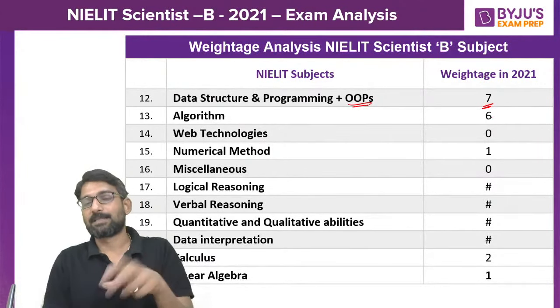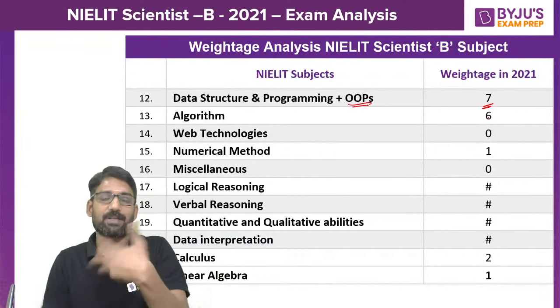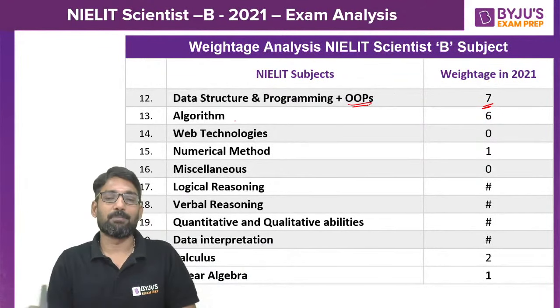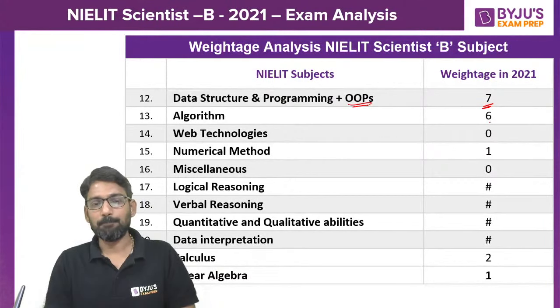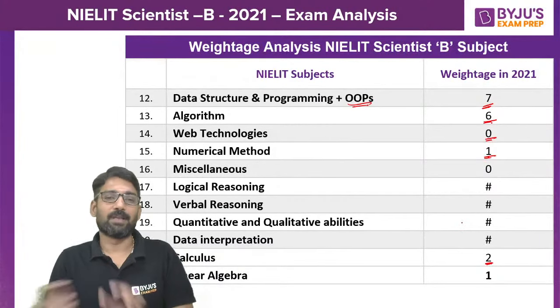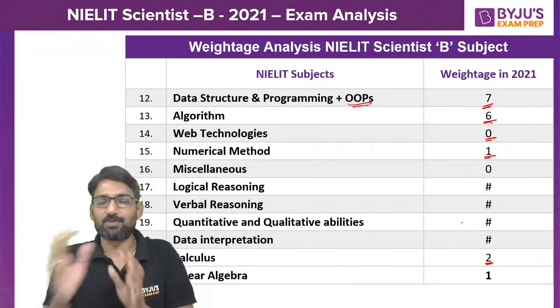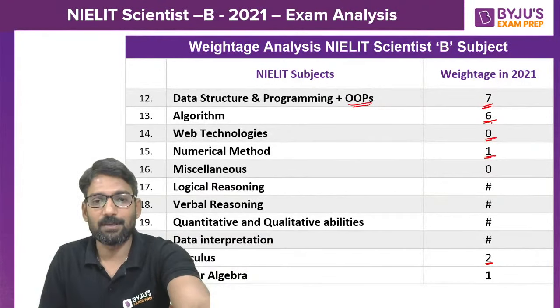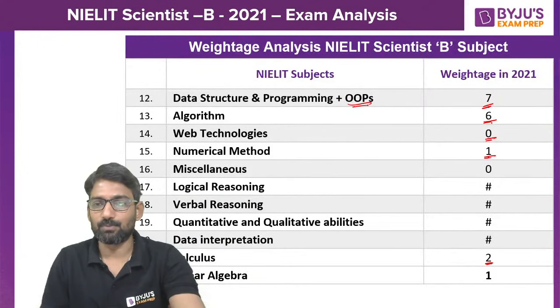We will see from which subject, on what topics, the major focus was. From algorithms, 6 marks; from web technologies, none; from numerical methods, 1; and from calculus, 2. So in the available time, this is the weightage we are giving you.